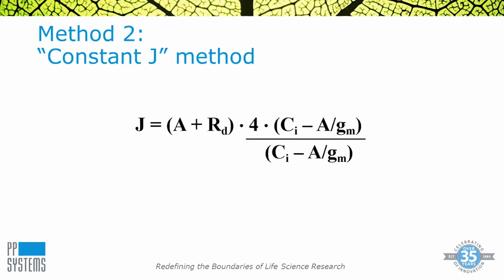It is also related to CI and assimilation rate again, and then mesophyll conductance. So what the method involves is finding a region where you can change CO2 concentration and yet J does not change. That's why it's called the constant J method.